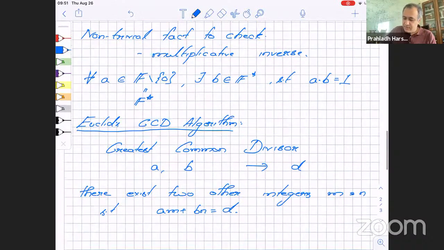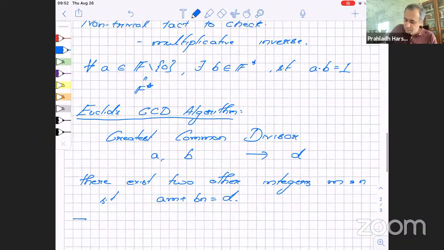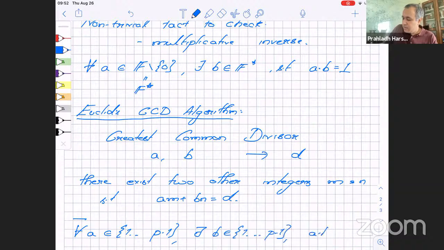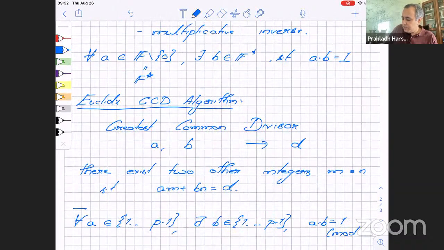I want to say that this is a useful thing to recall. This was what we wanted to prove. What we wanted to check was that for all a in 1 to p minus 1, there exists a b in 1 to p minus 1 such that ab is equal to 1 when you divide by p.